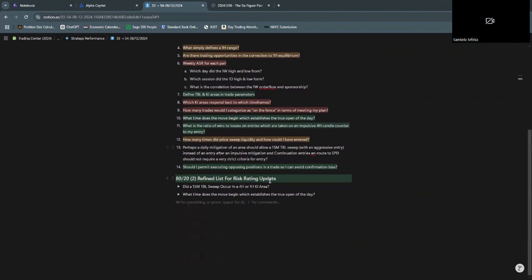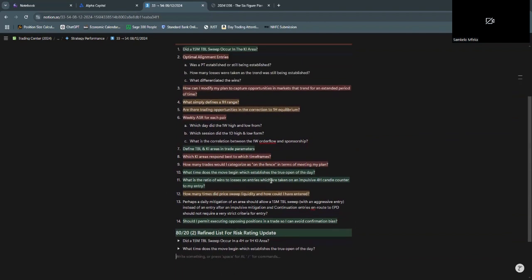Ultimately, how I refined that list was by looking at the green highlighted questions, and from that I refined it down to 20% of the initial list. For example, I had five questions highlighted in green, but two of them pretty much meant the same.